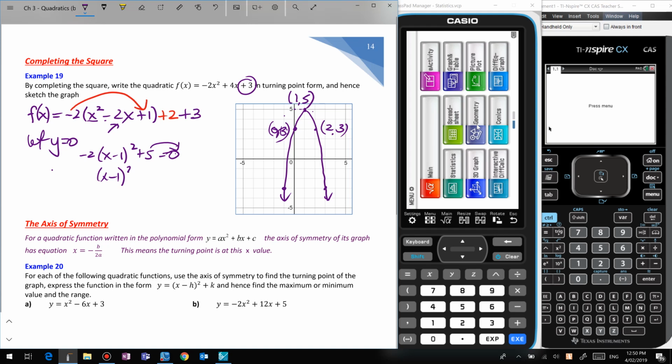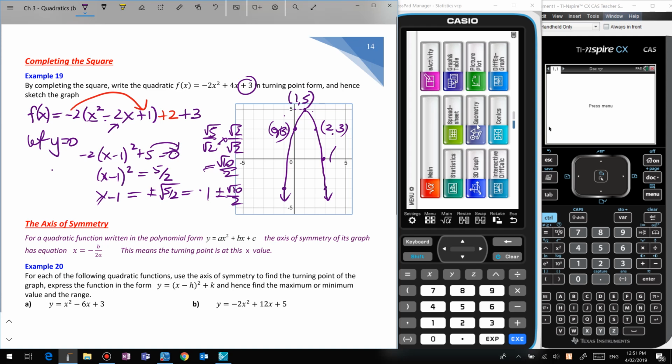So x minus 1 squared is equal to 5 on 2. X minus 1 is equal to plus or minus root 5 on 2, which is root 5 on root 2. If I times it by root 2 on root 2, I get root 10 on 2. So we get 1 plus or minus root 10 on 2.